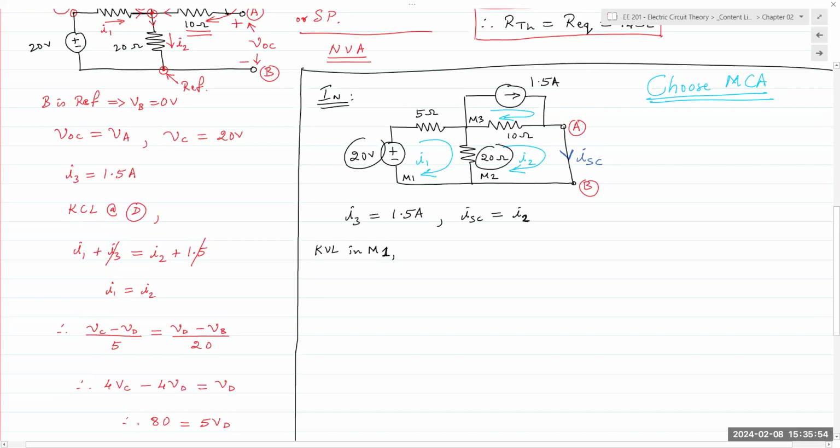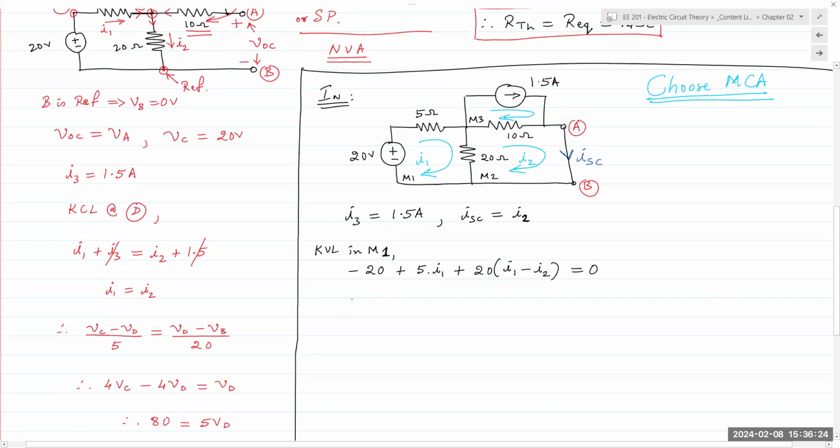So 3 voltage drops, and I'm going clockwise from the bottom left of the circuit. So I have minus 20 plus 5 times I1 plus 20 times (I1 minus I2) equals 0.